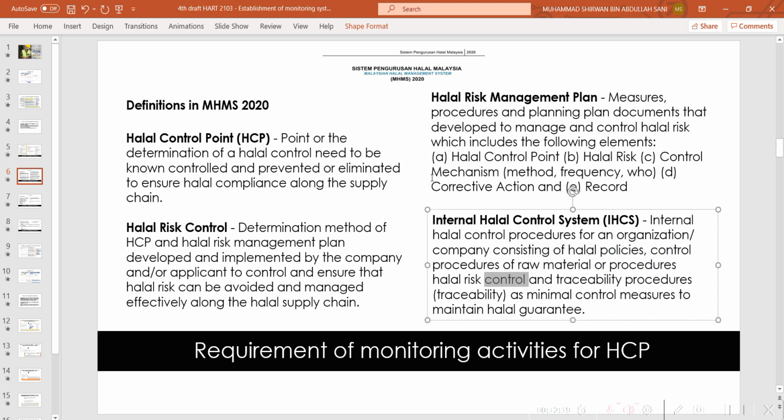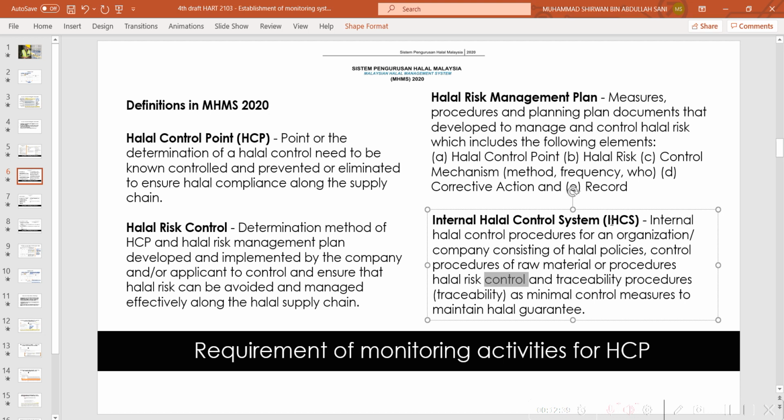So for your information, I have to say this one. Internal halal control system is a system compulsory to be adopted by small and micro industries. Any company which is considered MNC, multinational company, they need to carry out the halal assurance system.